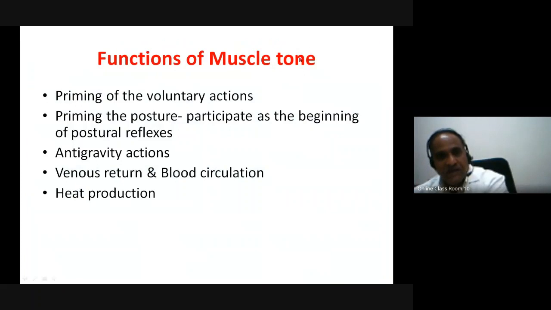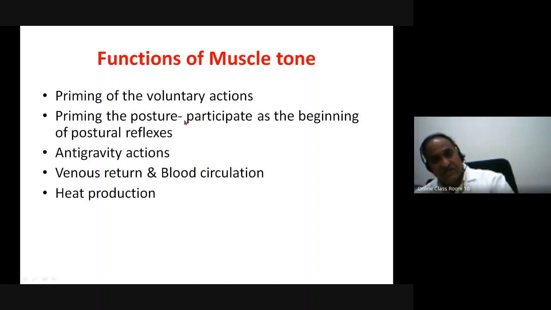Now coming back, what are the functions of the muscle tone? Muscle tone provides the priming for all the voluntary actions. It's a primer for all the voluntary actions, and it primes for all our posture and the postural reflexes. So that means this is the base of important postural reflexes.